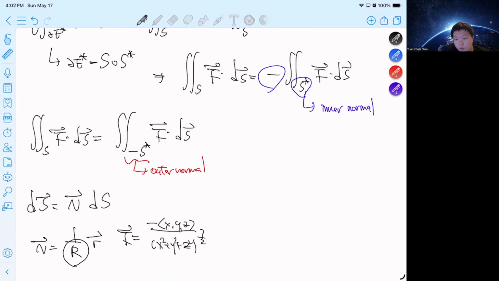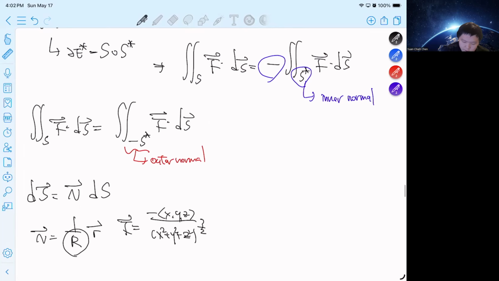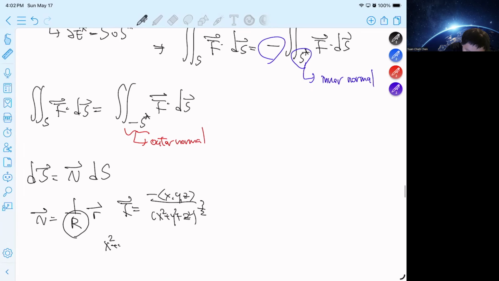On the inner sphere, x squared plus y squared plus z squared equals r squared. So this will be negative r, and the denominator is r to the 3 over 2 squared, so it's r to the power 3.